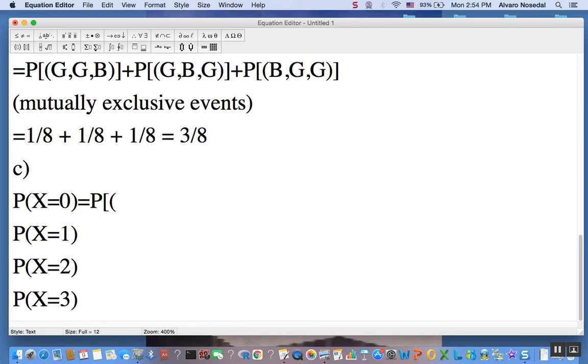Okay, so in terms of the outcomes of the experiment, x equals 0, meaning they have no girls, only if they observe that sequence, boy, boy, and boy, right? And what we said is we're assuming that the probability for each of these possible sequences is 1/8.